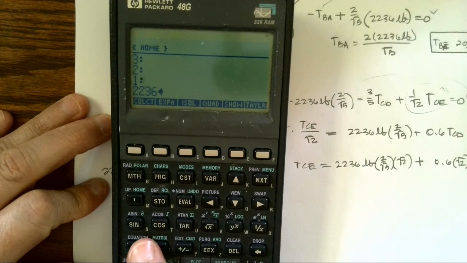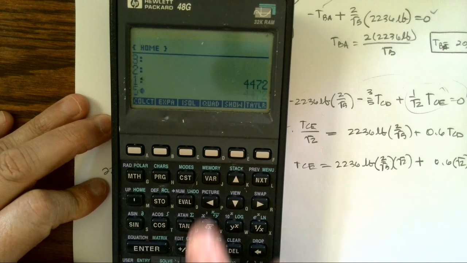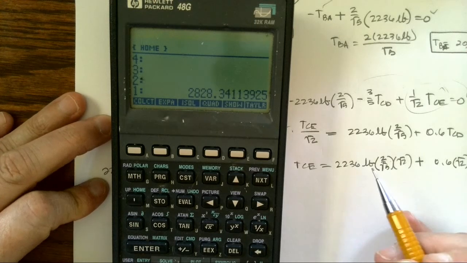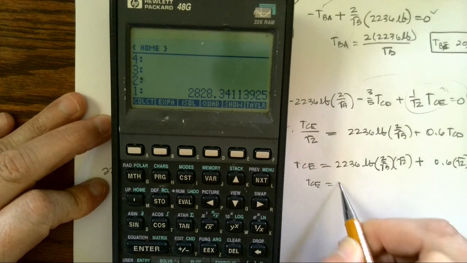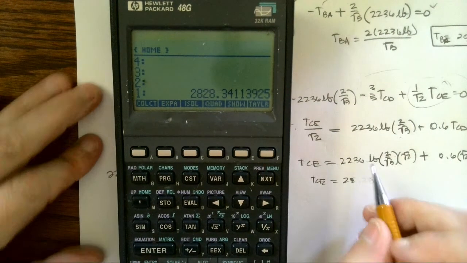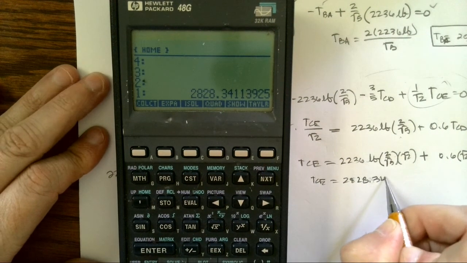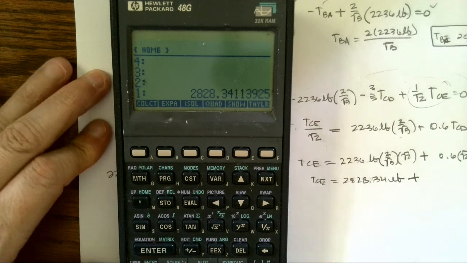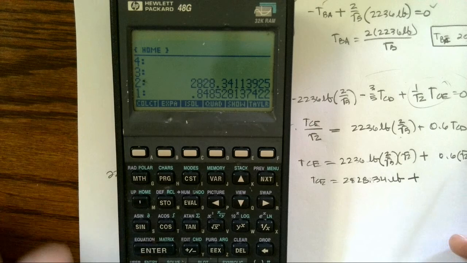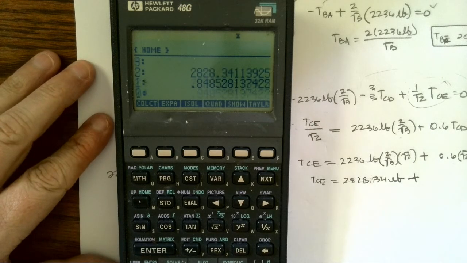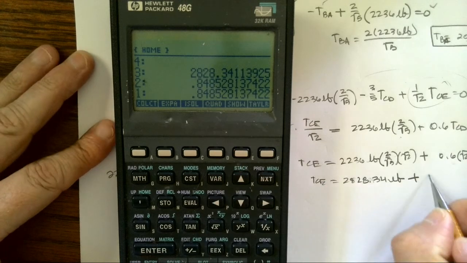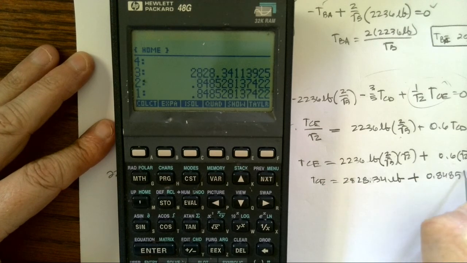2236 times 2 divided by the square root of 5 times the square root of 2, and I get that TCE equals 28.34 pounds plus 0.6 times the square root of 2, 0.8485 TCD.